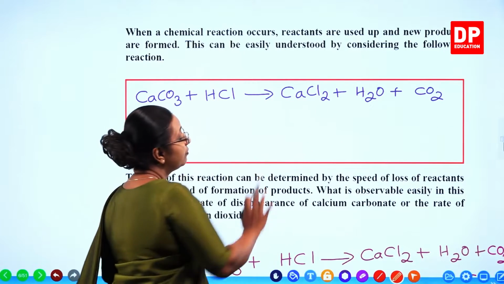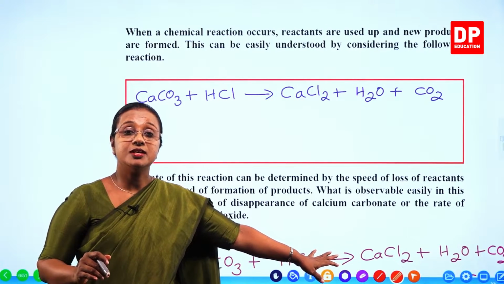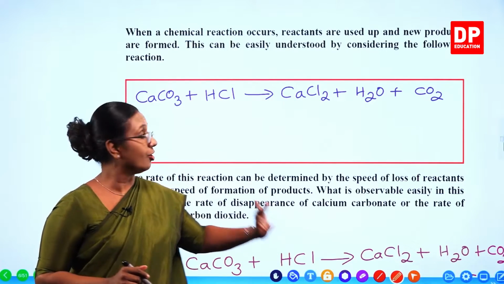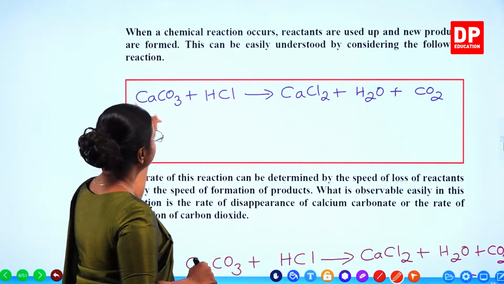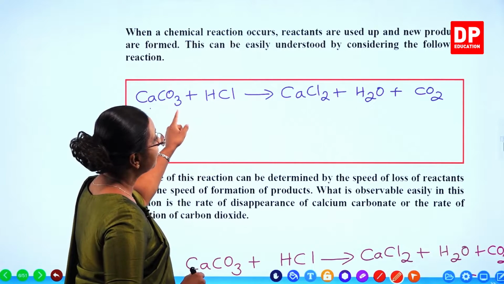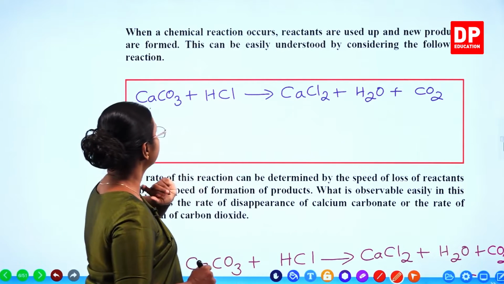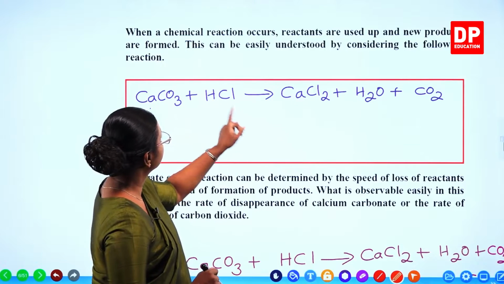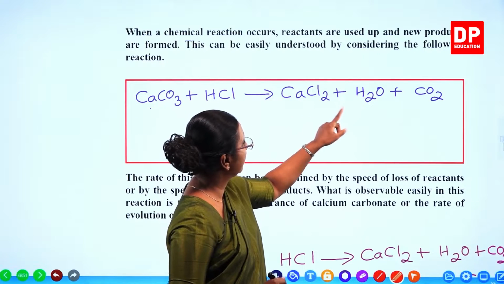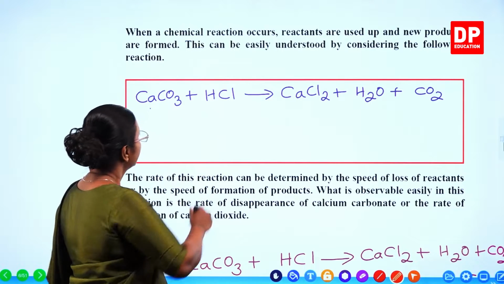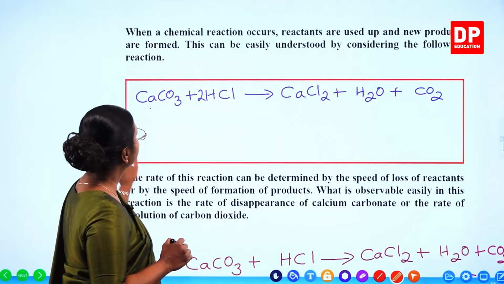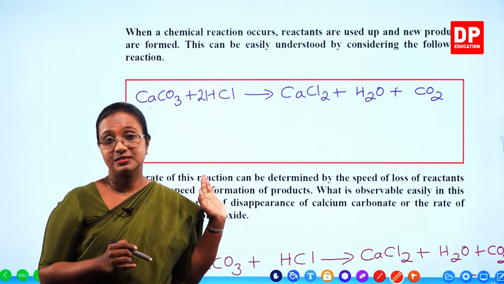Initially I did not check whether the reaction was balanced. I just wanted to explain it to you all. If we check, calcium 1, carbon 1, there are 3 oxygen atoms, 1 hydrogen, 1 chlorine here. But here there are 2 chlorines and 2 hydrogens. So, very easy. If we put a coefficient of 2 there, then the reaction is balanced.